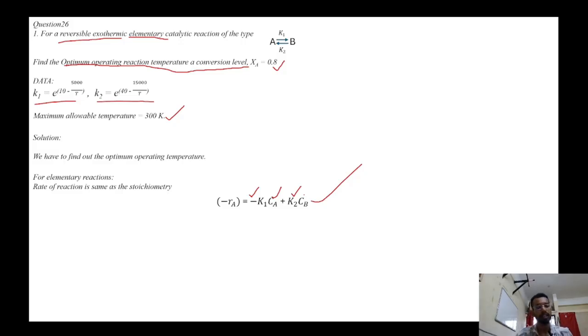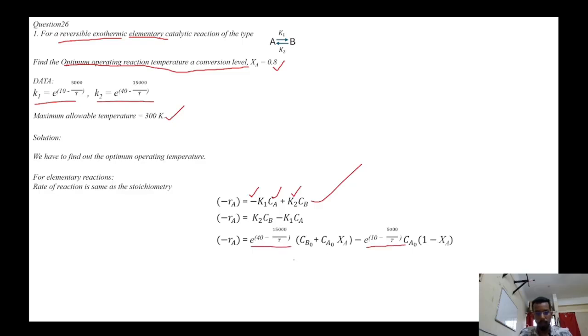This is the very first step we need to learn in chemical reaction engineering. Just rearrange this and we will get this. After putting the values of K2 and K1, now what is Cb? Cb is Cb naught, the initial concentration of B, plus initial concentration of A into conversion.